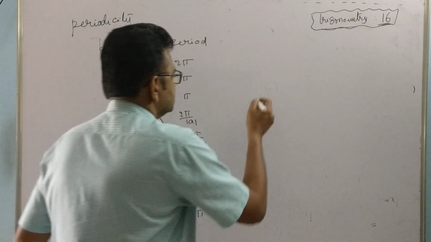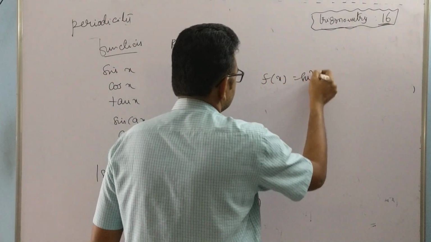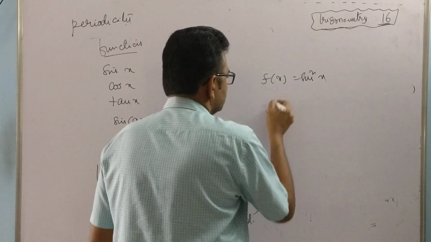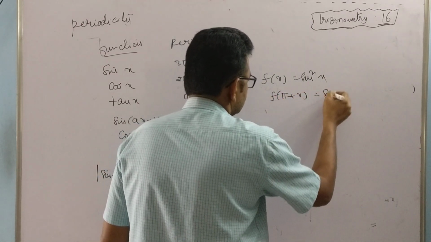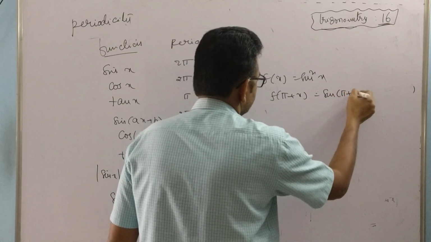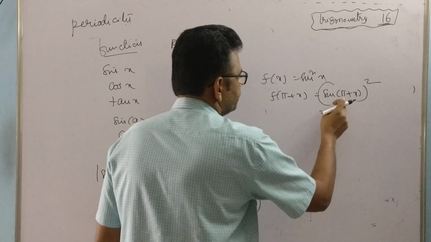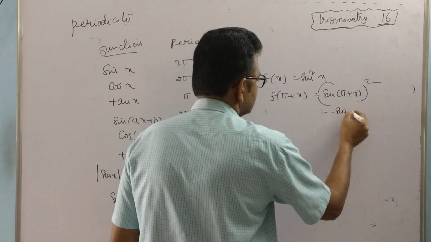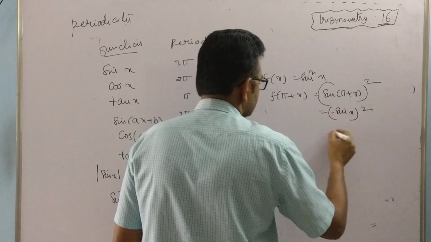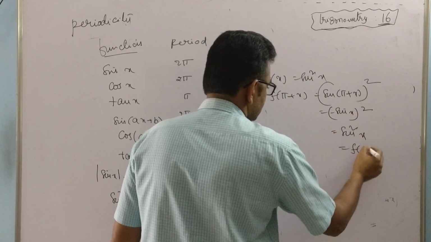If you take, for example, f of x is equal to sin square x, then f of pi plus x is equal to sin of pi plus x whole square. Sin of pi plus x is in the third quadrant, so negative, minus sin x whole square, that is equal to sin square x, that is equal to f of x.